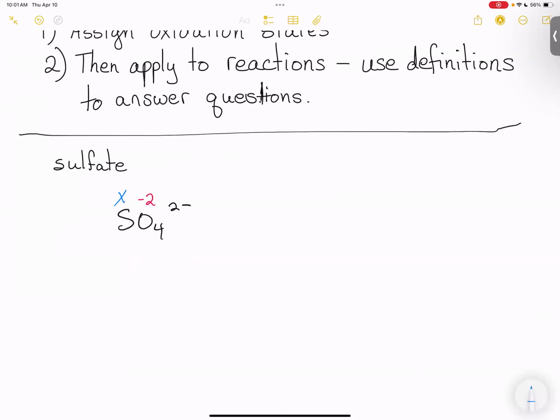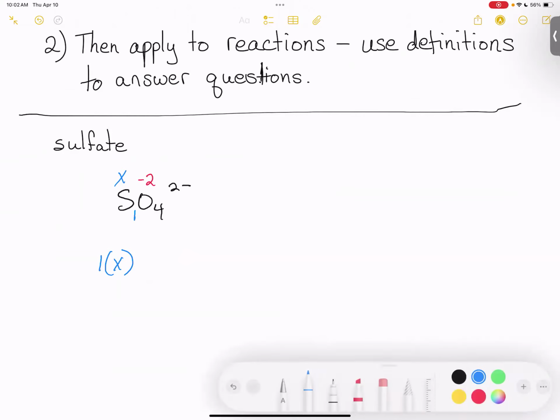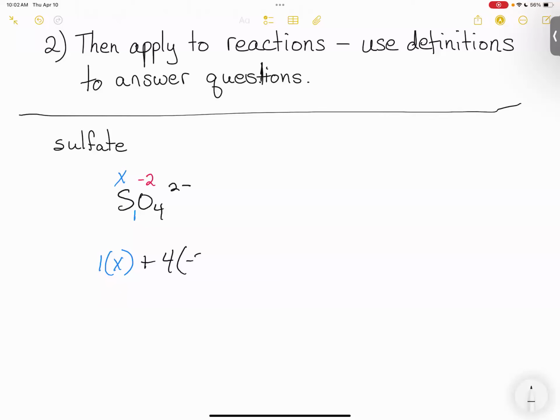So we set up this equation very similar to how you set up an equation when you're trying to determine the charge on a metal whose charge varies. We have 1 sulfur times X. We have 4 oxygens times the -2. Now, the only difference is when we were dealing with ionic compounds, we were trying to make sure that the compound was charge neutral.